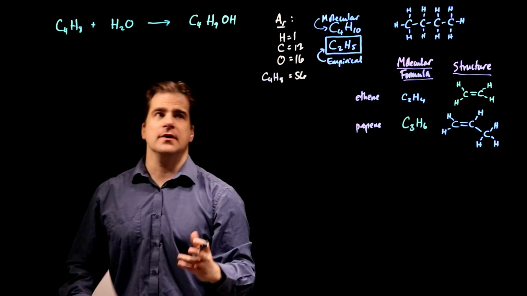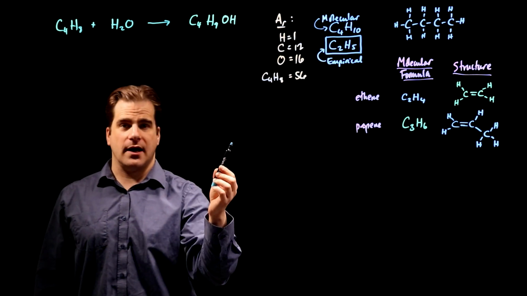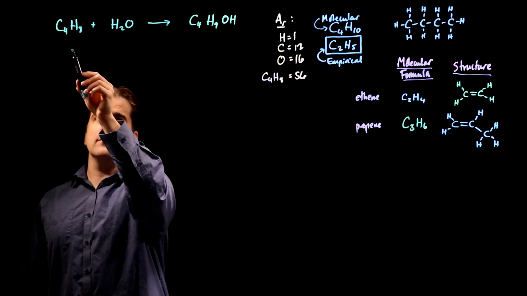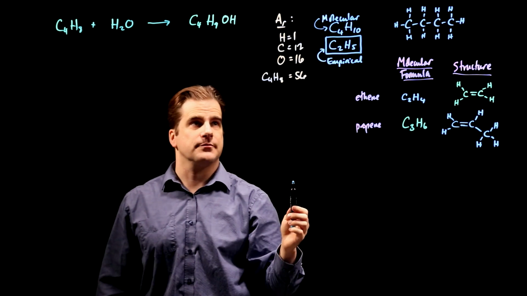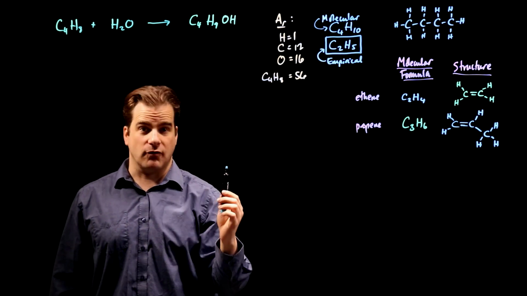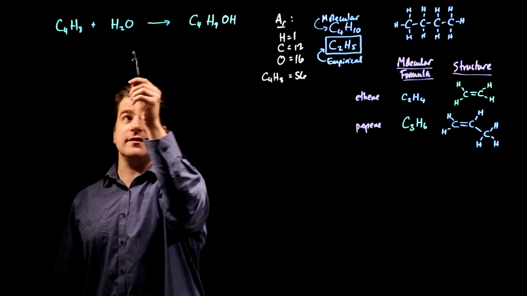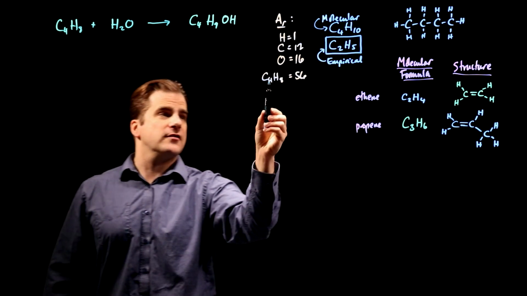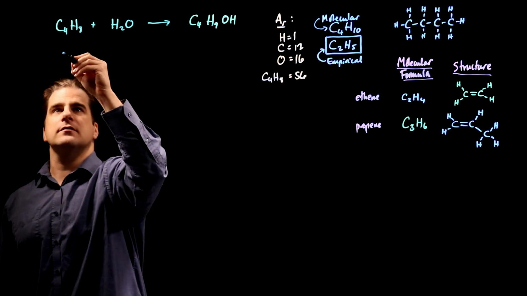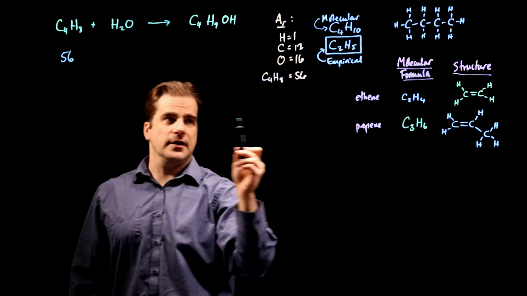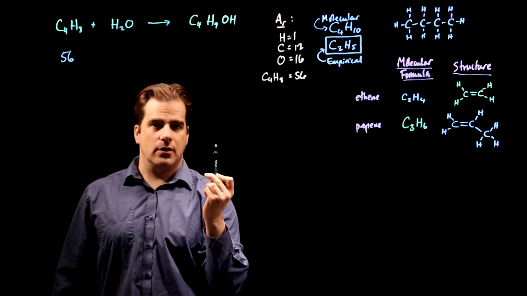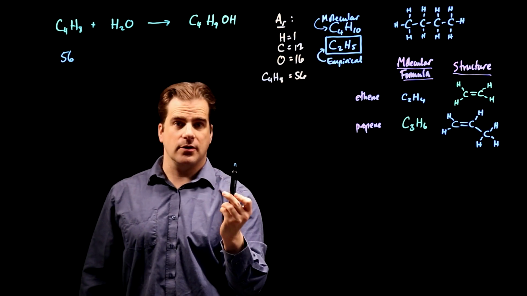Well, we can work out the relative molecular masses of each of these molecules from this, okay? So write that down. That's something you know, so write it down. So we've been told that it's 56 for butene.